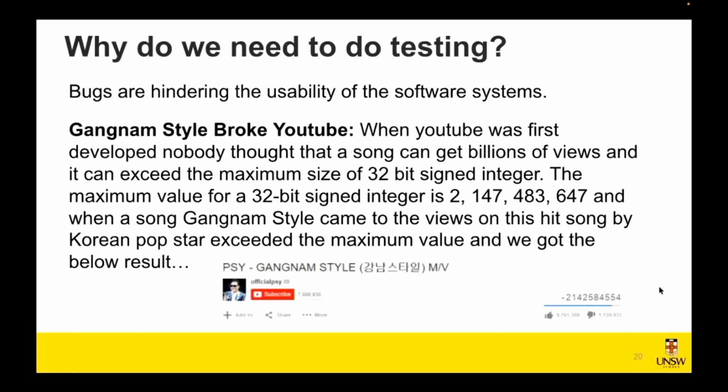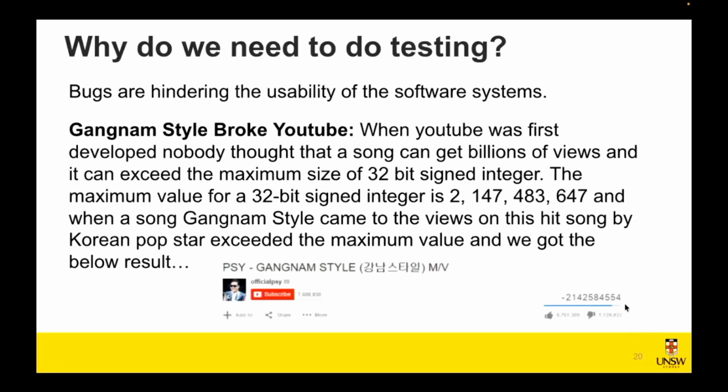During the creation of YouTube, the developers didn't expect that any video could get billions of views. In the web page of each video, there's a count for the number of watches, right?